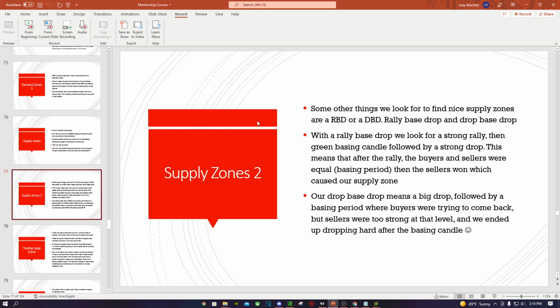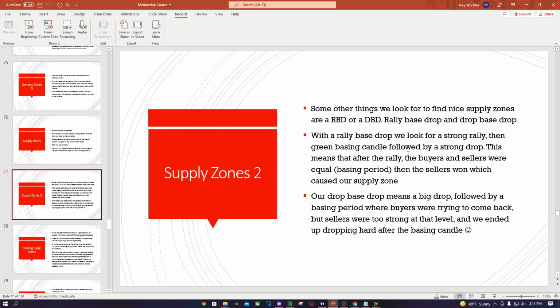Some other things we look for to find nice supply zones are a rally base drop or a drop base drop. With a rally base drop, we look for a strong rally, a green basing candle, and then a strong drop to the downside. This means after that rally to the upside, the buyers and sellers were equally matched for a period of time, which is that basing period.